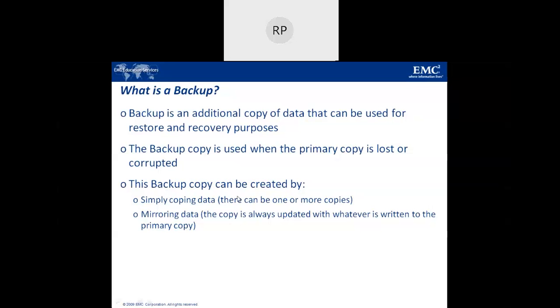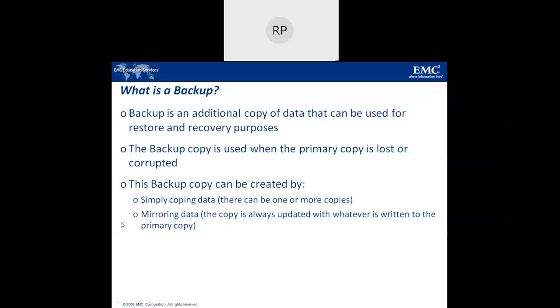Now, to understand these two types of backup, let us take an example of a photo of yours as well as your mirror image. When you look at a mirror, whatever updates you make are going to be visible in the mirror, but a photo is static. Whatever you have saved, the same data is going to be there, but in the mirrored copy, whatever you update is reflected in the copy also.